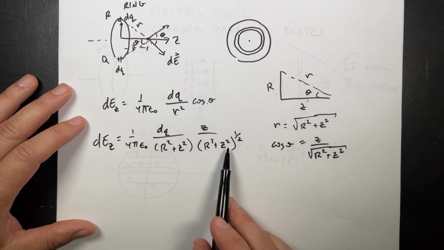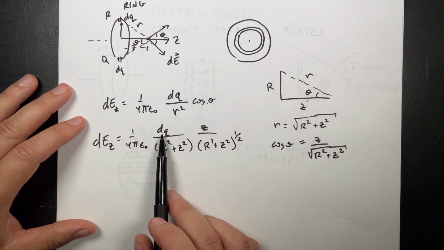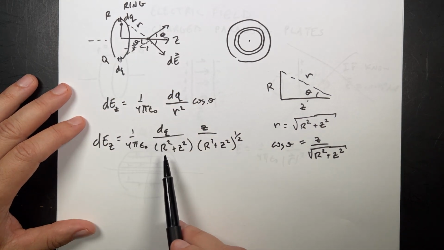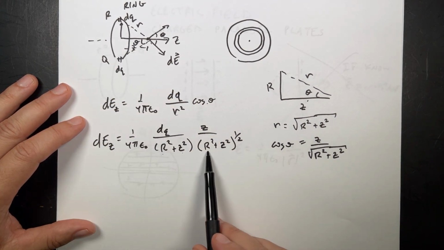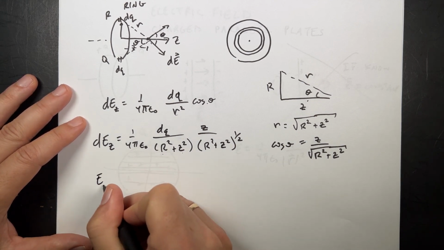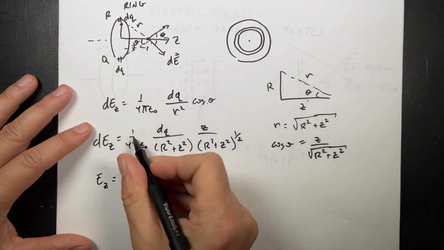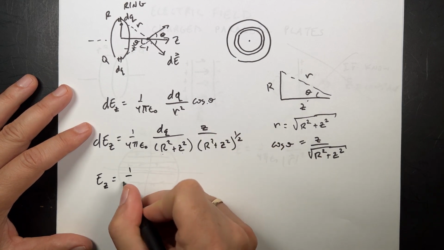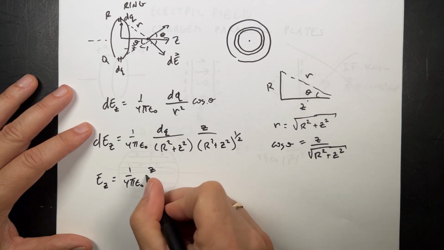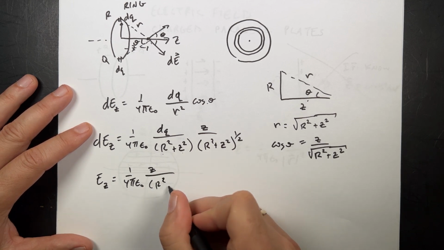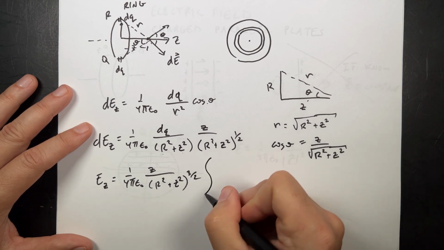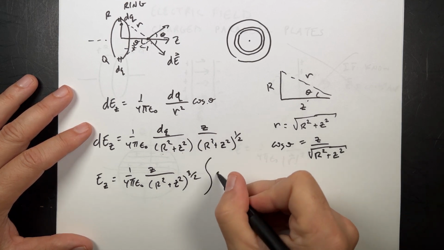This is just 1/2. Now, when I integrate, what's going to change as I go around the loop? Well, R is constant, z is constant. All I have is dq. So let's write this as the total electric field, Ez, is going to be equal to all this stuff, 1 over 4 pi epsilon naught z over R squared plus z squared to the 3/2, integral, I'm just going to write it as generic integral of dq.